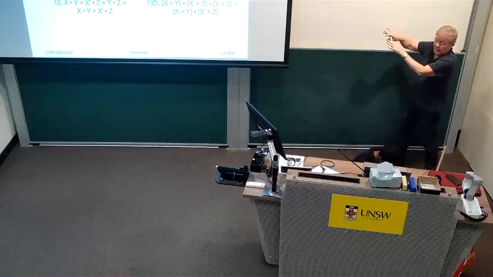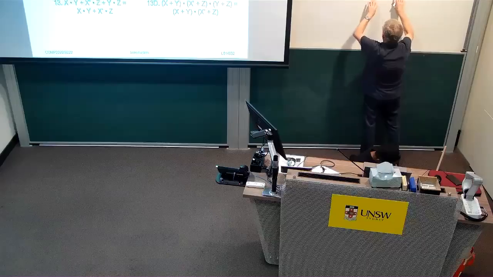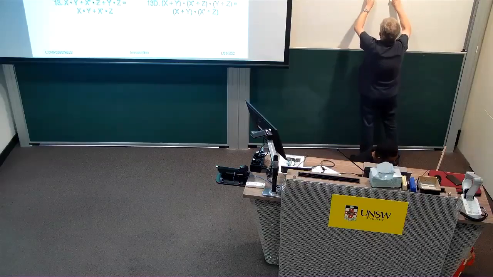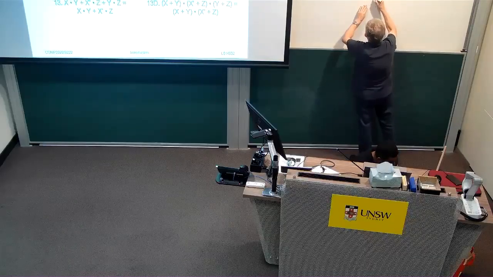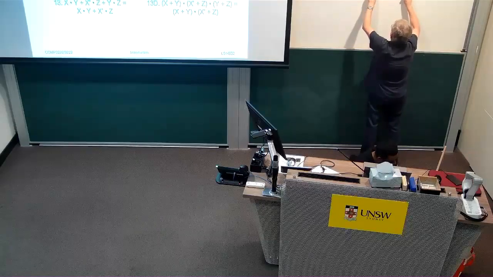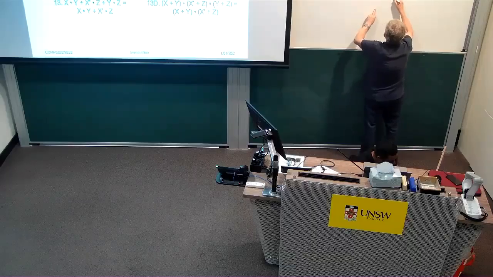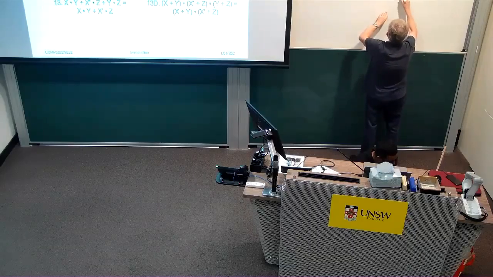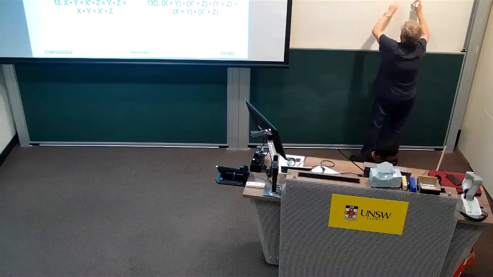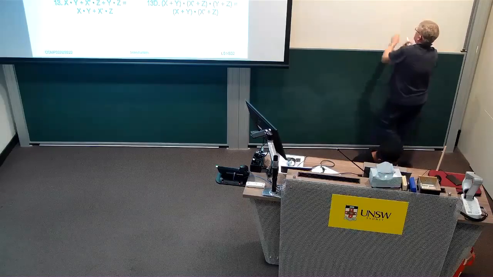The equivalence is easy to show, because if you multiply these things out or form the logic on them, x and x is x, or x and z, or x and y, and you have y and z.